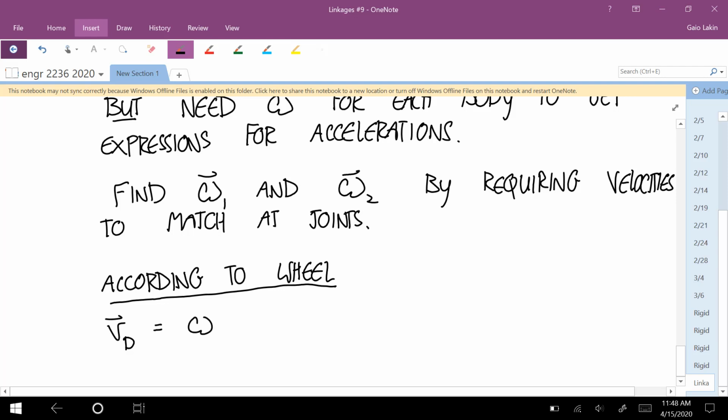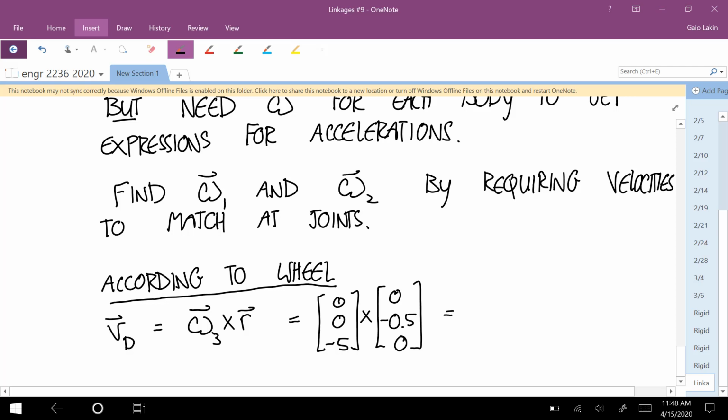That's just omega of body 3 crossed with the vector that goes from the center of the circular motion to D. So that's 0, 0, -5, that's given, crossed with 0, -0.5, 0.